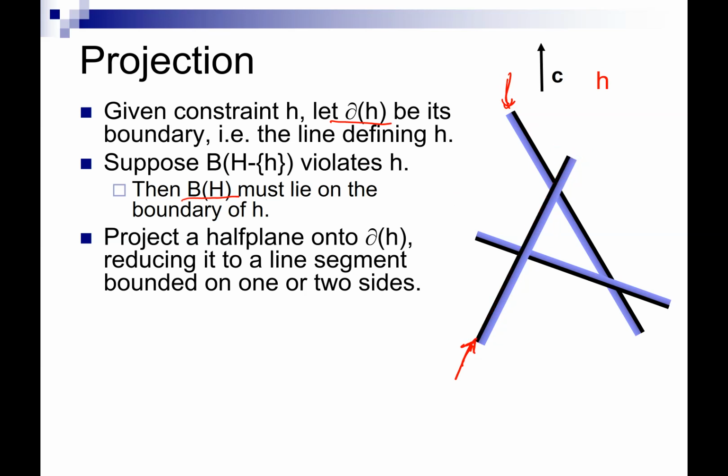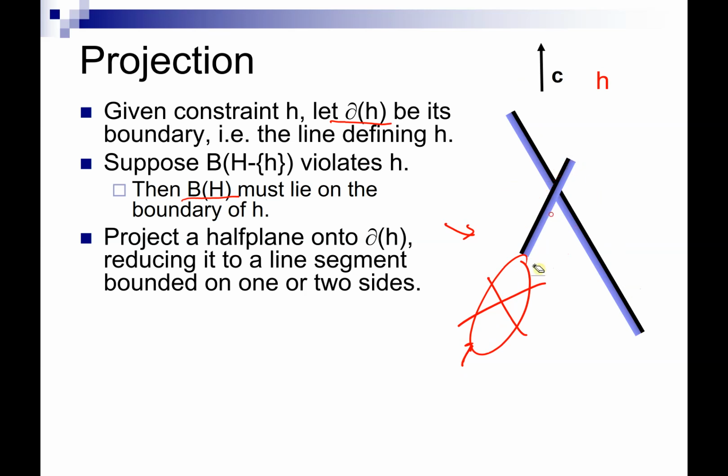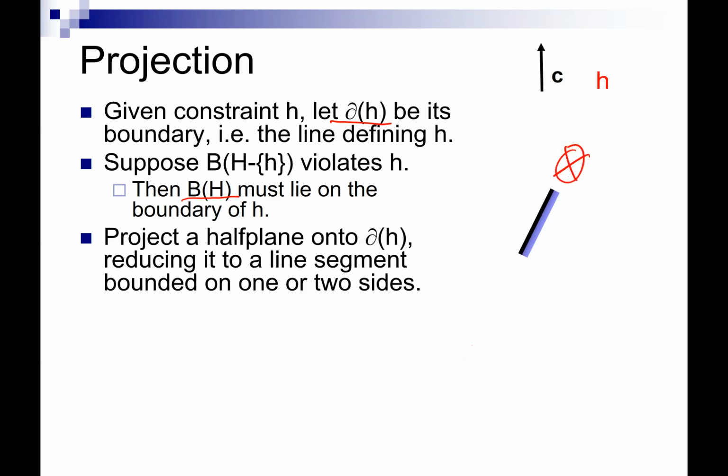Sorry, I guess I used this constraint first. This constraint says that we need to be above this point over here, so we need to chop off all of these points. And then finally we have one last constraint, and this one says that we need to chop off all of these points over here.